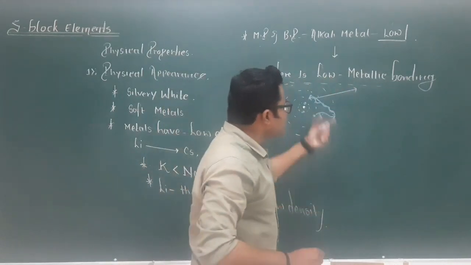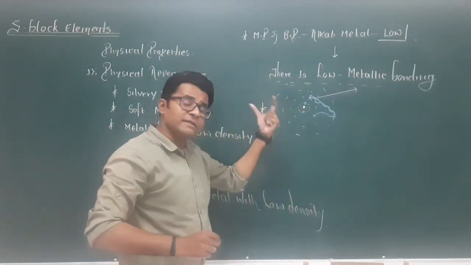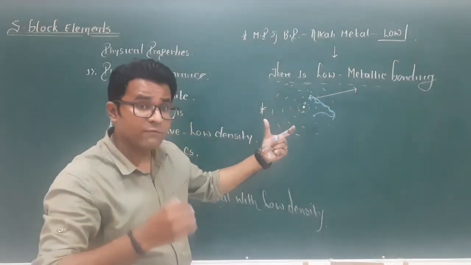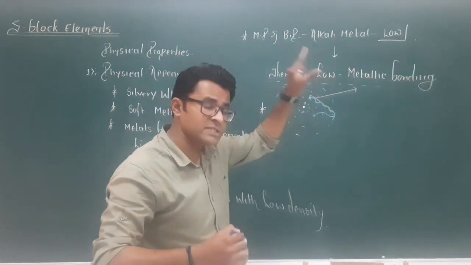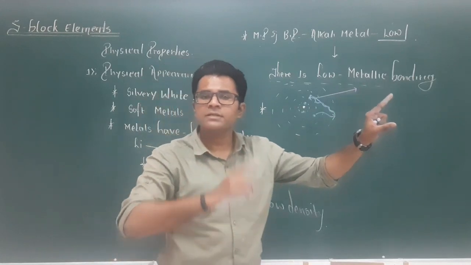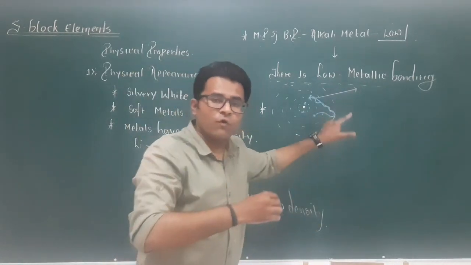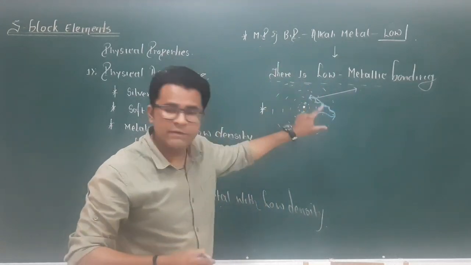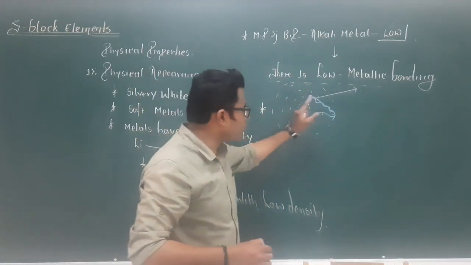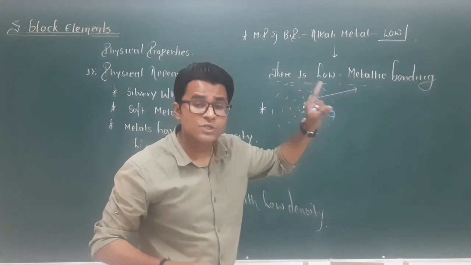So the main cause of different colors when we expose these elements to flame is the excitation and de-excitation of electrons, especially the electron in the valence shell.